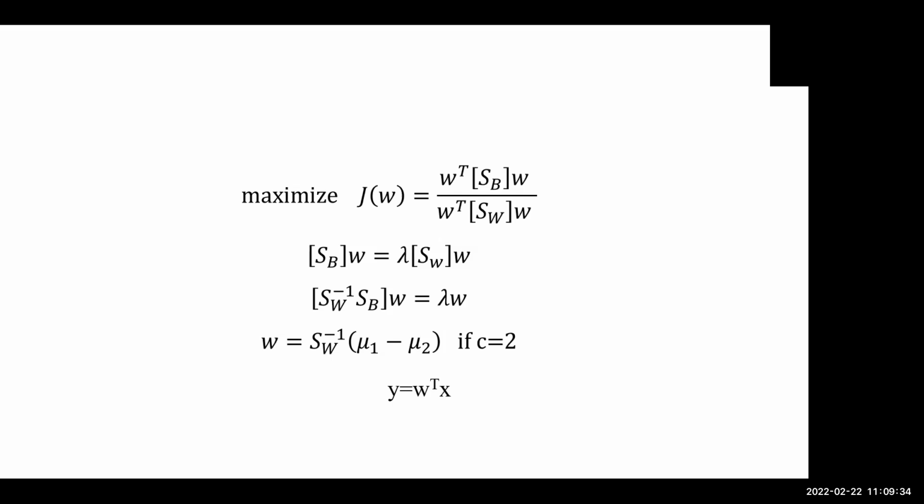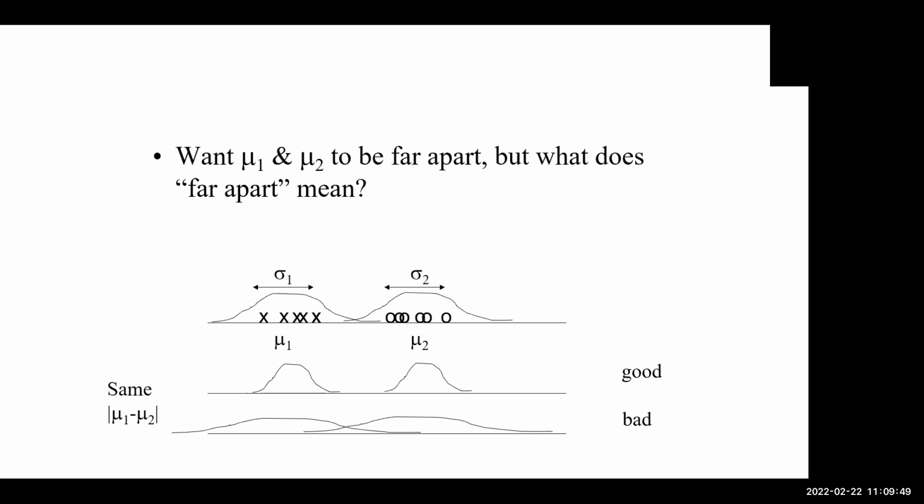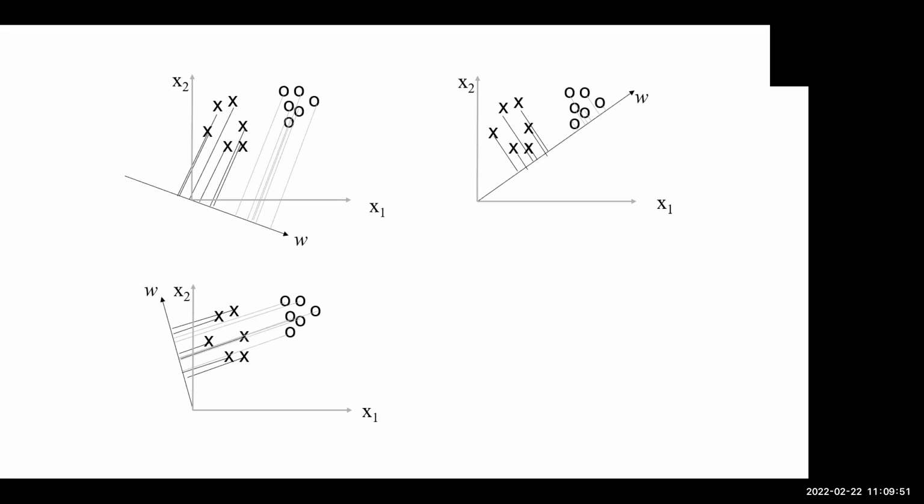Also, analysis of this W can tell you which of those original features was most important. We look at this case, we've got feature 1 and feature 2.